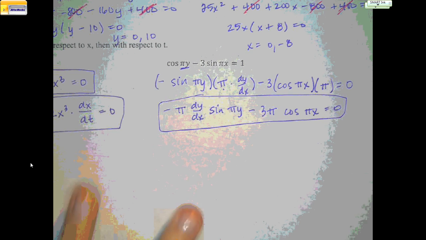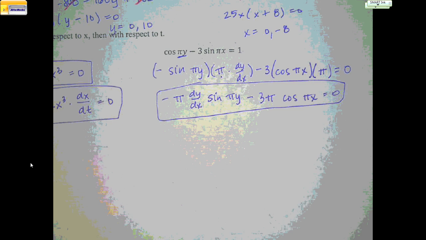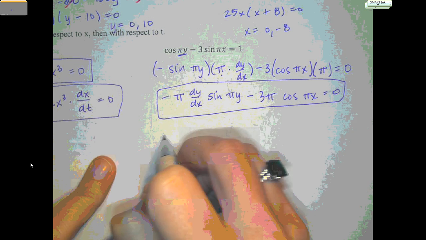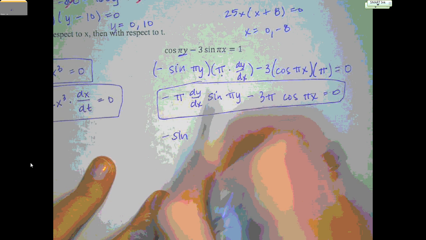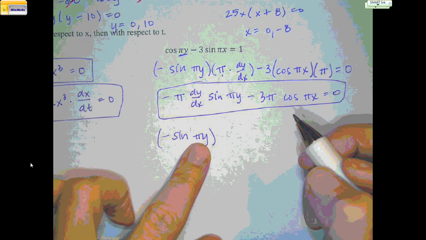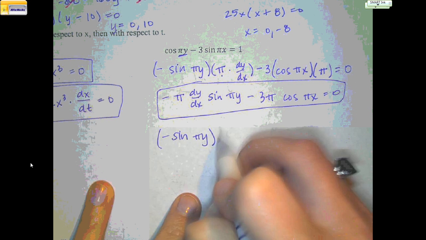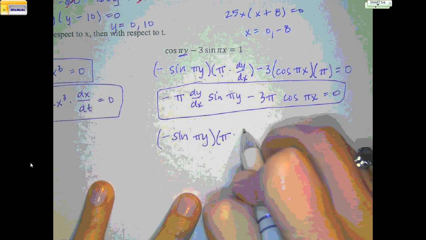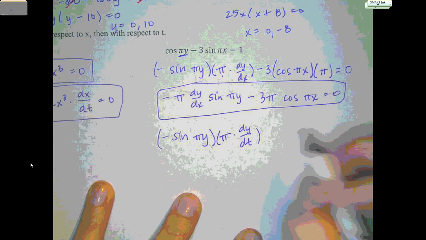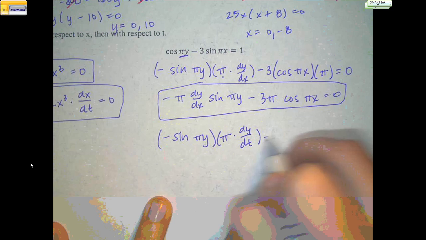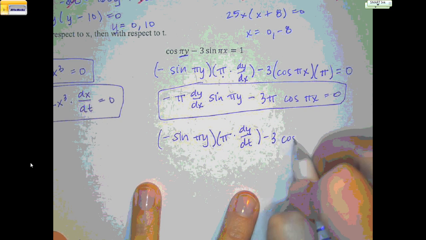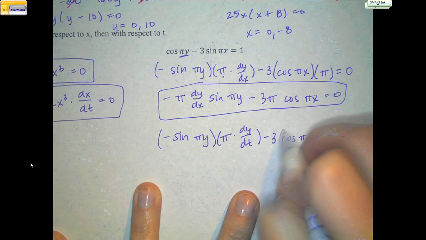Last one, with respect to t. So we start over. Derivative of cosine is negative sine. And you've got the inside, which is pi times y. Now we need the derivative of the inner function, which is going to be pi times the derivative of y with respect to t this time. So we have dy dt. Minus 3. The derivative of sine is cosine. Leave the inside alone for starters.